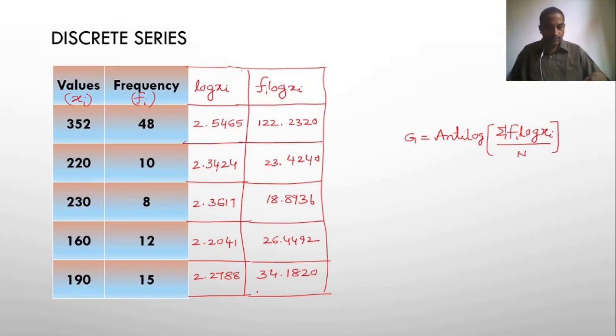So this total becomes 225.1808, right? Now you substitute in the formula.